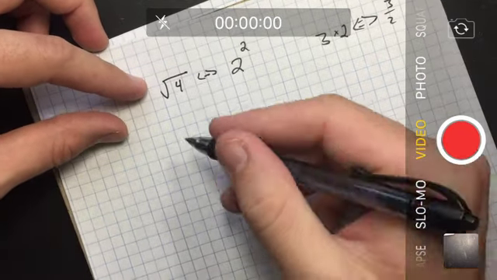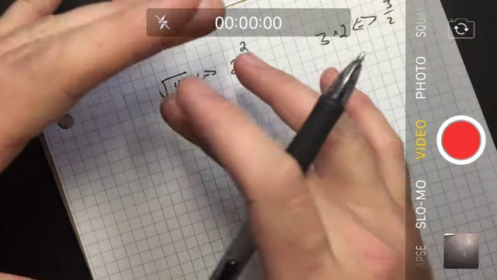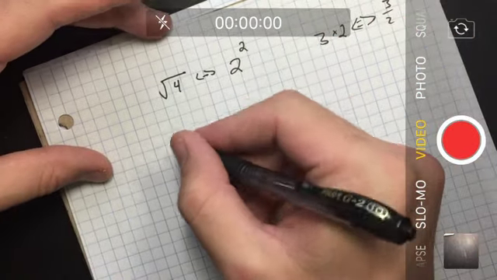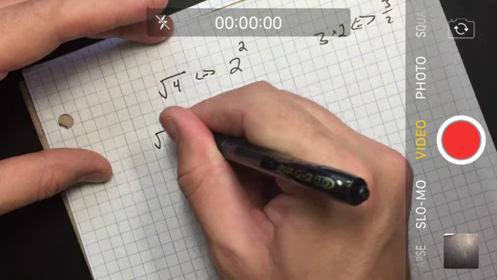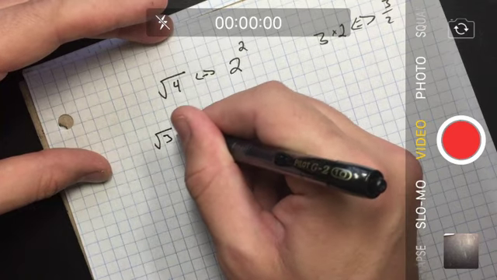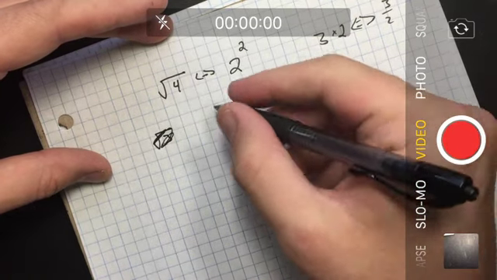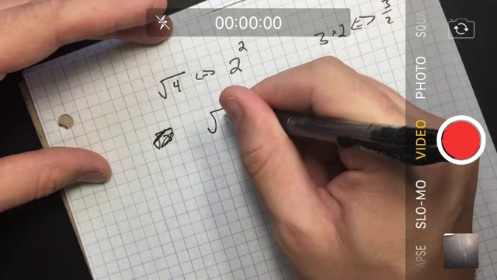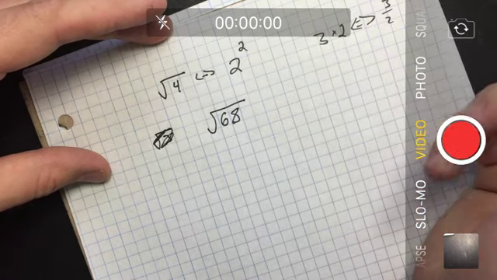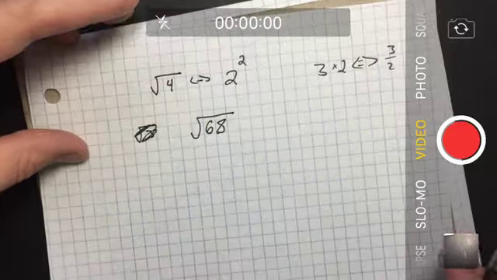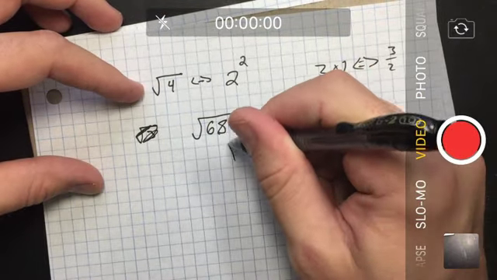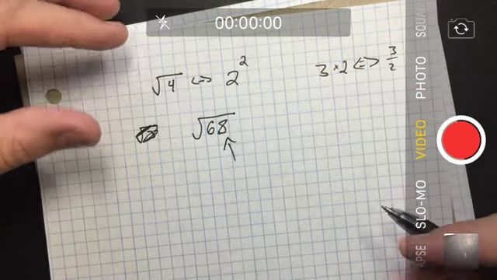This is a broad area to cover, but one way they might test radicals is to have you simplify first. Give you something like this. How would you guys simplify this? What would it simplify into?